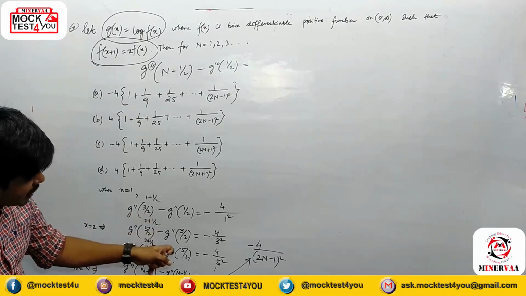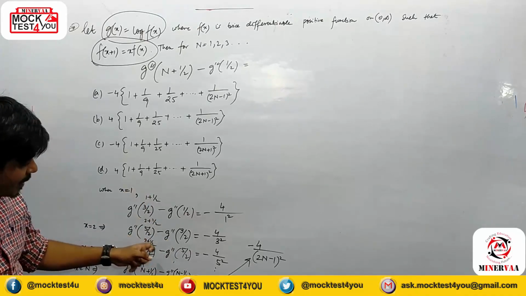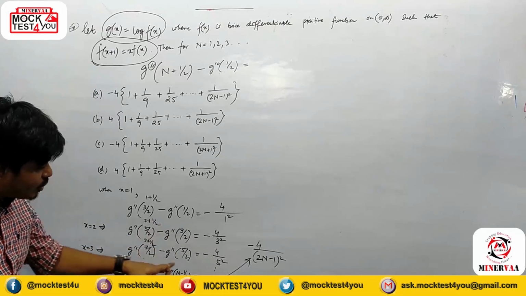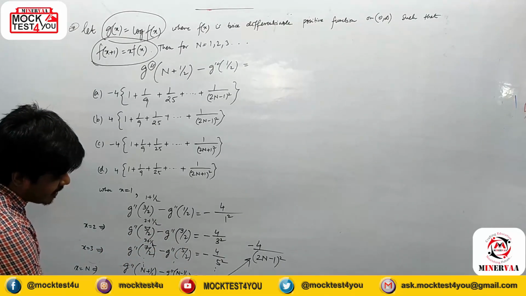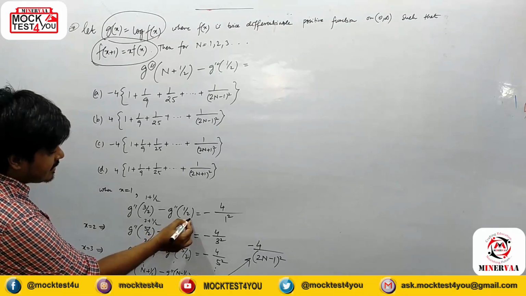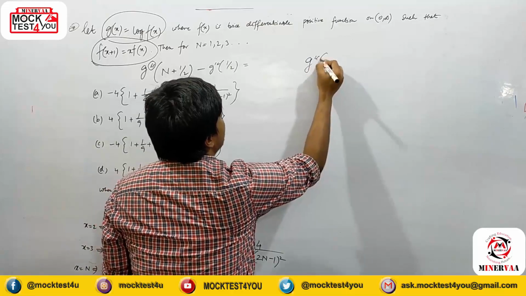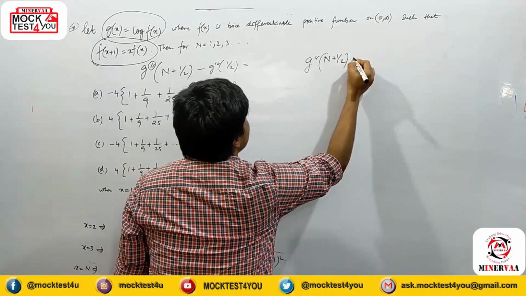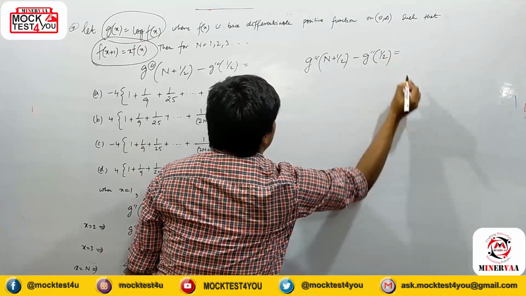G double dash 3 by 2 and G double dash 3 by 2, plus sign minus sign, cancel. 5 by 2, cancel. All of them will cancel. 7 by 2 will cancel with 7 by 2. So what will remain is this n plus half and this minus half. So we have G double dash n plus 1 by 2 minus of G double dash half, and that will be equal to what?